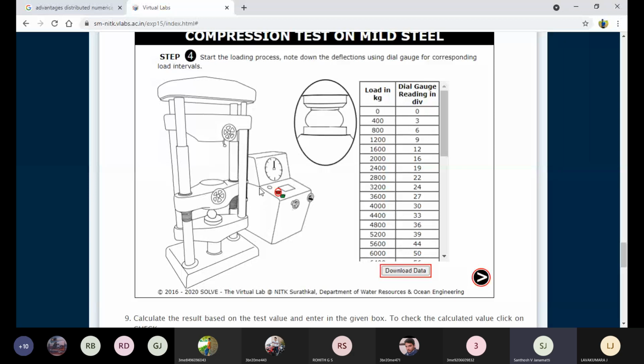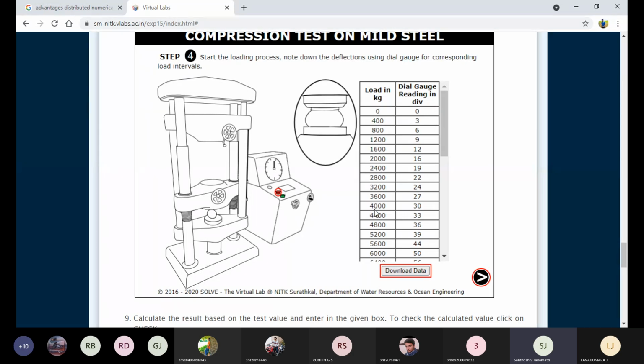Once you start the button, you can see a slight load is applied on the material. The load gradually increases. So note down the loads in kg or Newton force, whichever you want. You can take the loads that are available on the machine and the monitors.